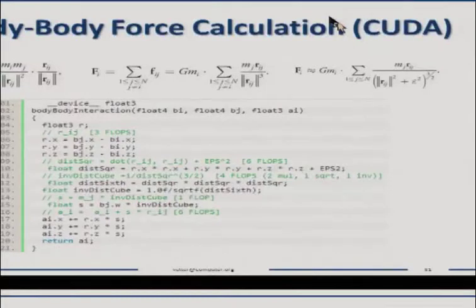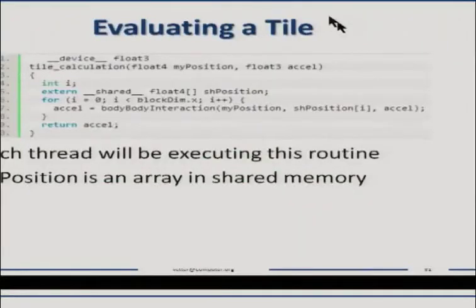But when you're evaluating that tile, as I said, what you're going to be doing is pulling data in to the shared memory. Each thread's going to be executing this particular routine right here, and that's the tile calculation. The shared position is an array in the shared memory, and if you look at that, what you see here is you've got your tile calculation, and then you've got extern shared float4 shared position, and then what you're going to do is for some number of iterations in your particular block, you're going to calculate the value from your current position against the data that's been staged in shared memory.